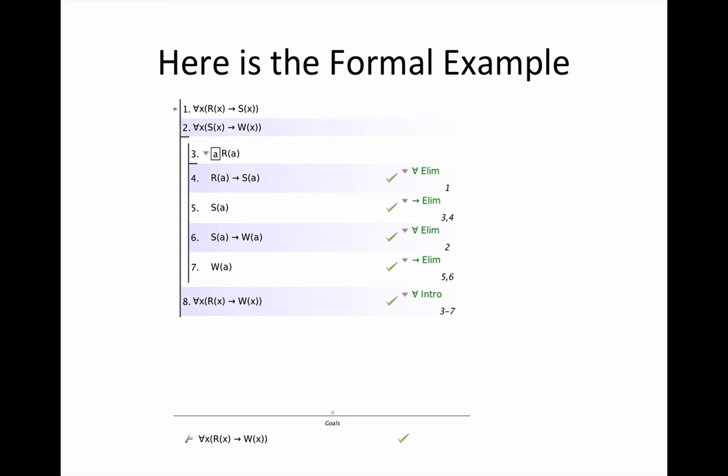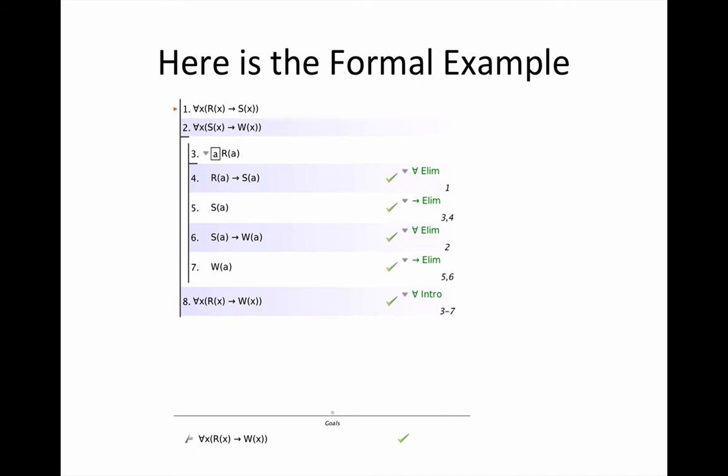We assume that A is R. We're then in a position to start eliminating our universal claims and eliminating the conditionals so that we can derive the consequent of each conditional. That means that if all R's are S's, if A is an R, then A is an S.